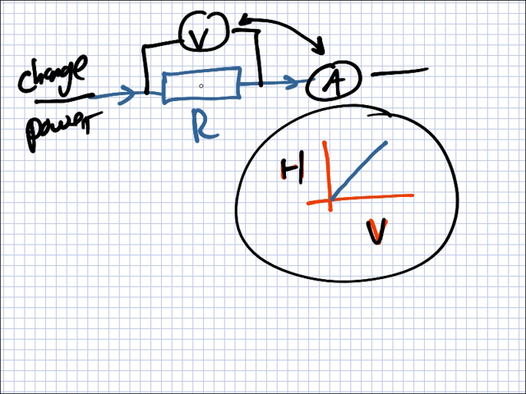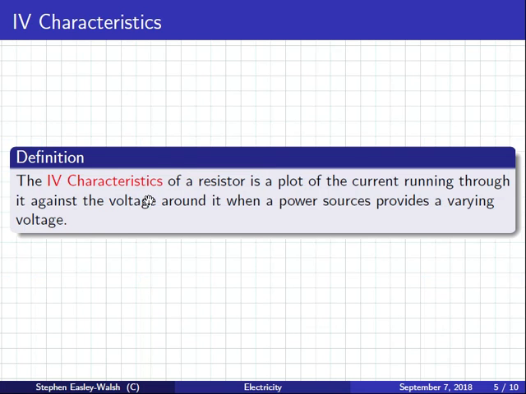Now, for this resistor, it was straight. But it's not always true. Just for this one it was. So each resistor has a different graph. And it's called the IV characteristics, this graph. You understand? It's different for each resistor.